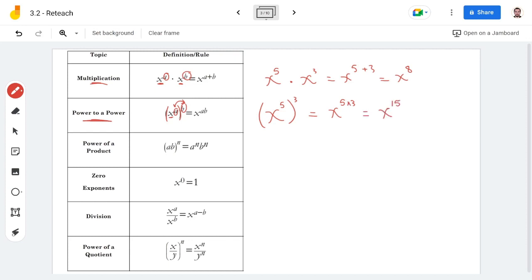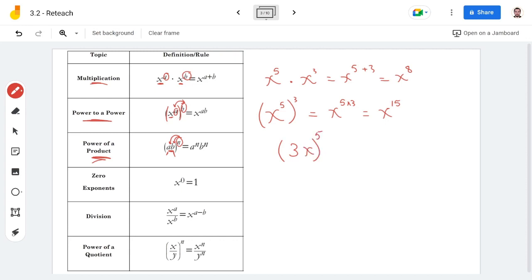Another one here is the power of a product. When we have two variables, or a variable and a number, sharing the same power, we distribute the power to each of them. For example, 3x all to the power of 5.